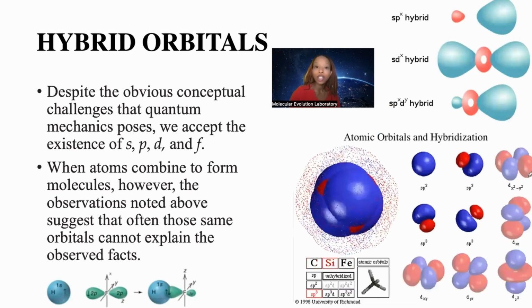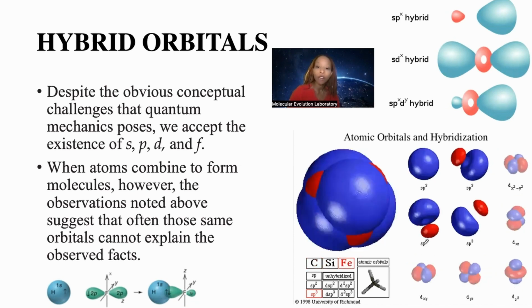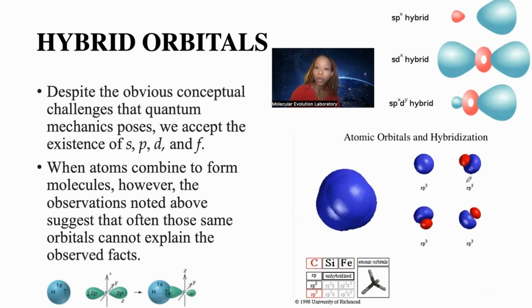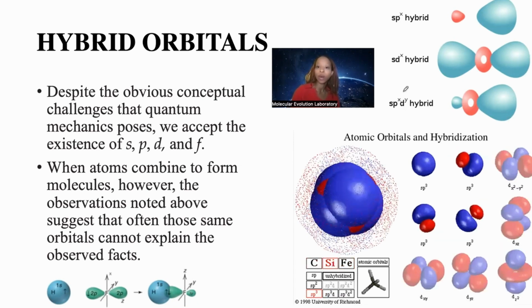So this leads us to hybrid orbitals, or the overlap of orbitals, where you have an overlap of an s orbital with p orbitals, or a d orbital, or dx and dz orbitals, for example, and one s orbital with a 3p orbital in this case. And this will form an spxdy hybrid, or sdx hybrid, or spx hybrid.